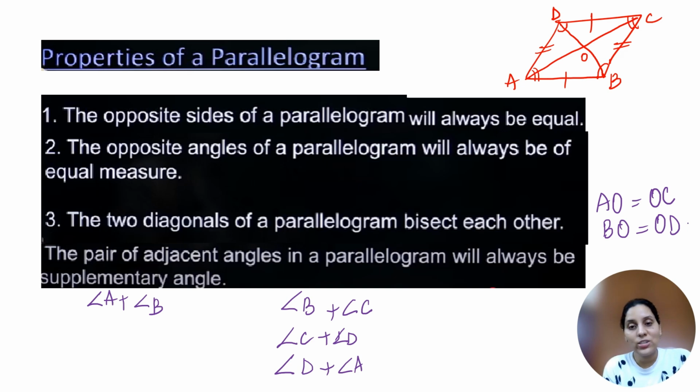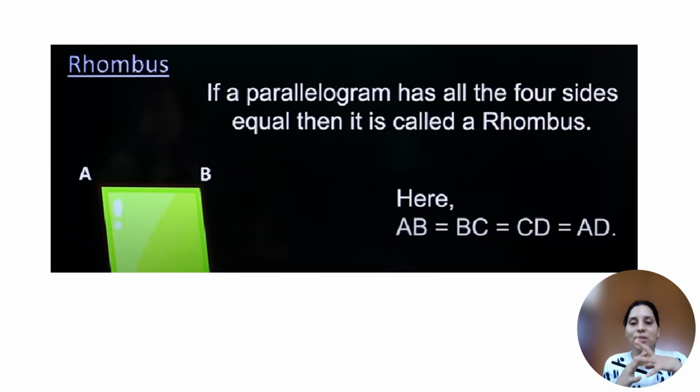All these are adjacent. They are always supplementary. That means their sum is always equal to 180 degrees. I hope this is clear. So these are the properties of parallelogram. Very important.